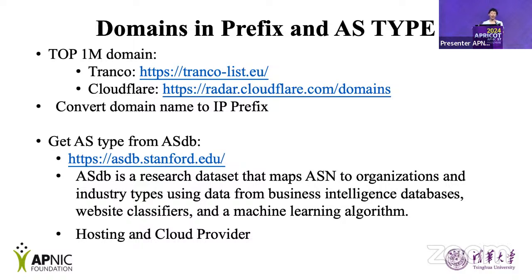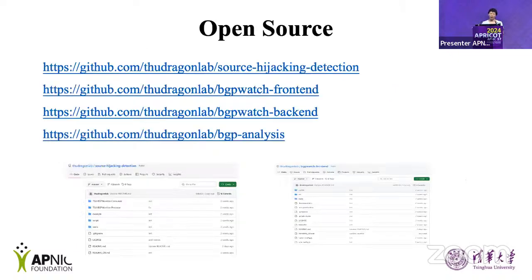And also we get the AS type from ASdb, which is a research dataset that maps ASNs to organizations and industry types. And now the platform is open sourced, and if you are interested, you can check the code at all these URLs.